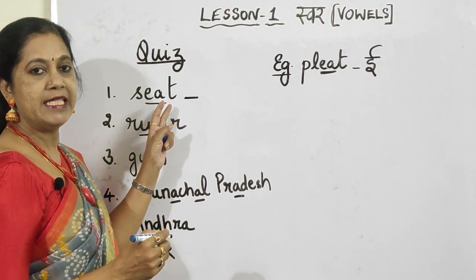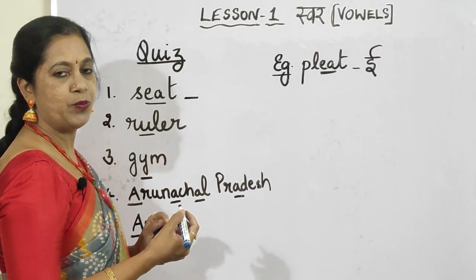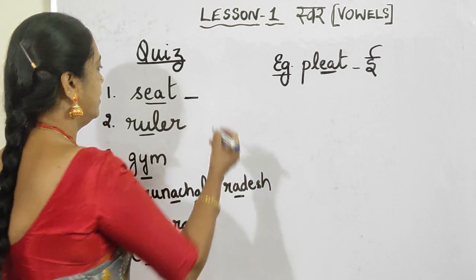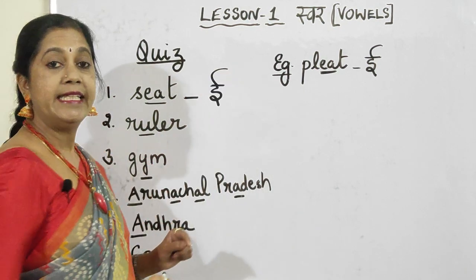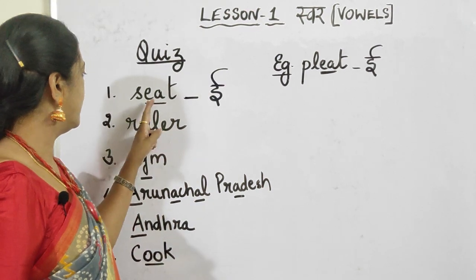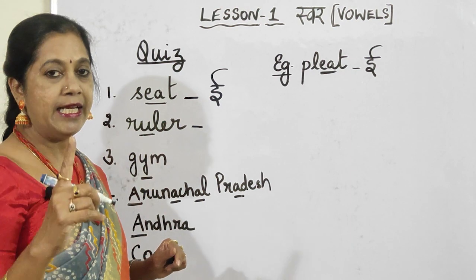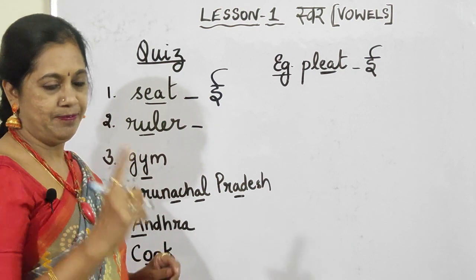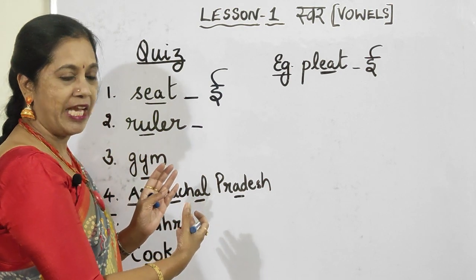Seat. I taught you last video how to pronounce these words, right? Seat. So it is E. For this, your English pronunciation should be pakka. I'm teaching you English pronunciation also side by side.